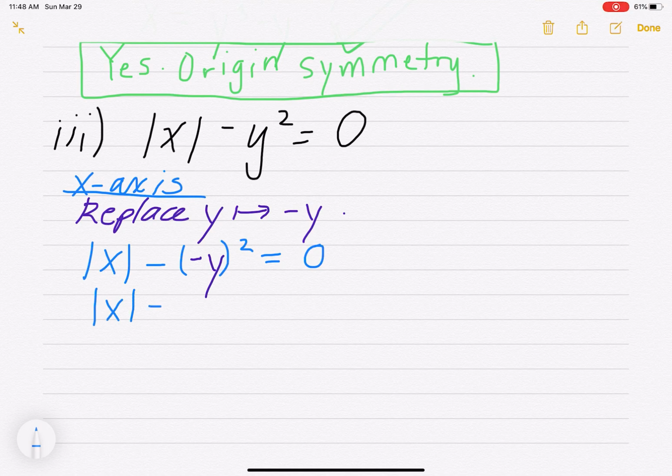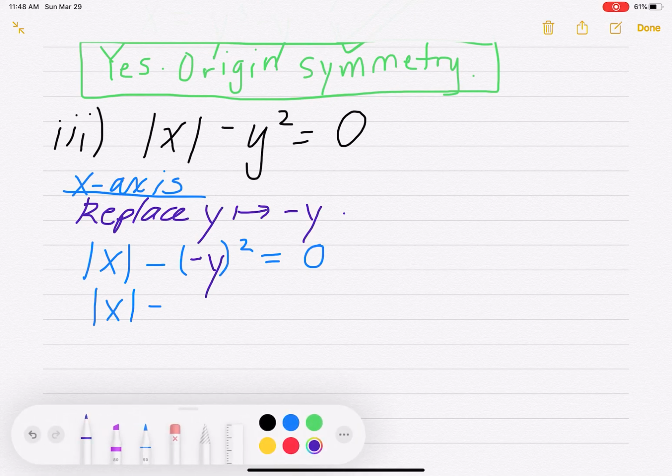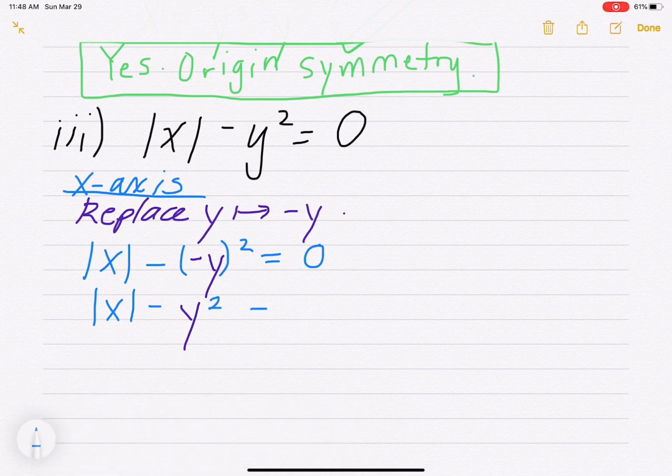Square is an even power. Squares kill off negatives in parentheses, so you're just going to have y squared, equals 0. Now that equation, the absolute value of x minus y squared equals 0, is the same as the original, so that is a yes. Yes, there is x-axis symmetry.